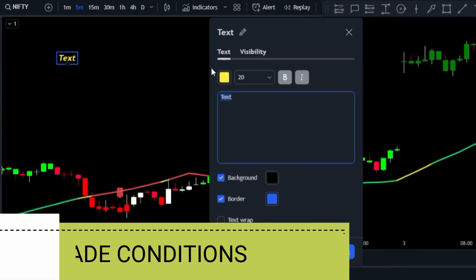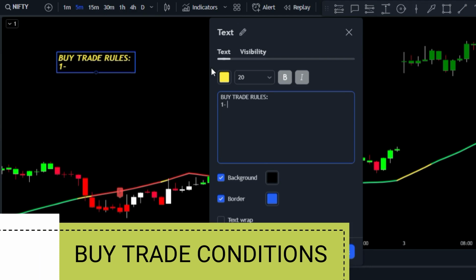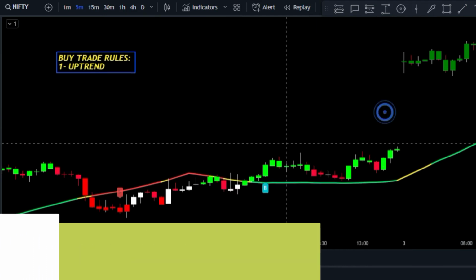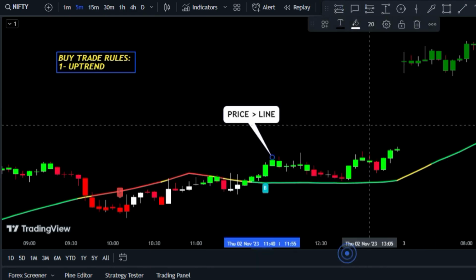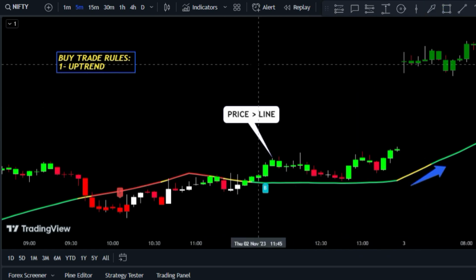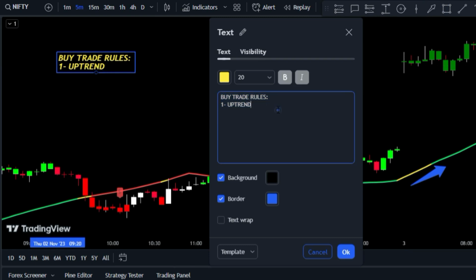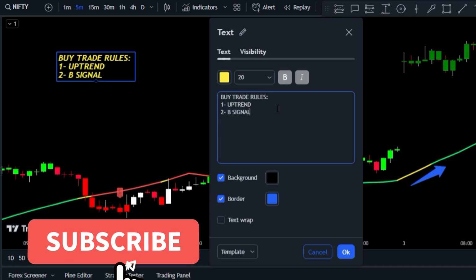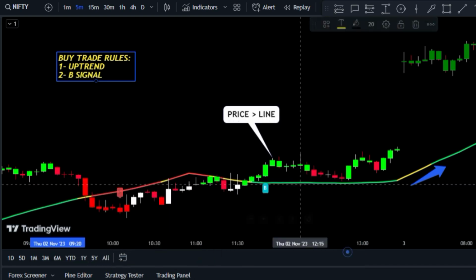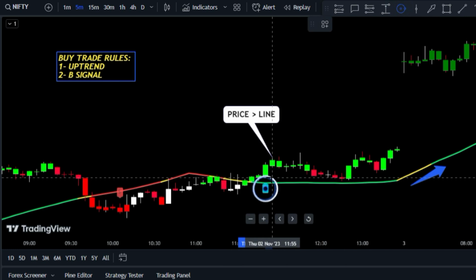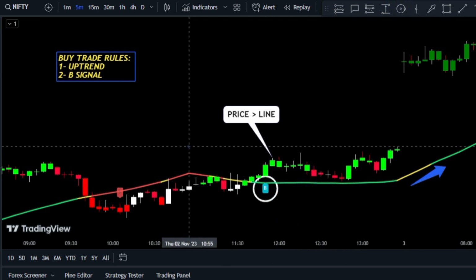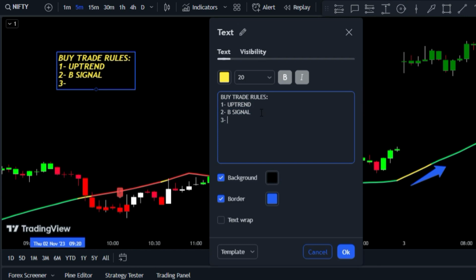For instance, for a buy trade, the first step is to ensure that the trend is upward. Next, a B signal should appear below a candle, and the candles should be above the swing trade signal indicator line. In the second step, all the rows of the 10 indicators in 1 should be green simultaneously.